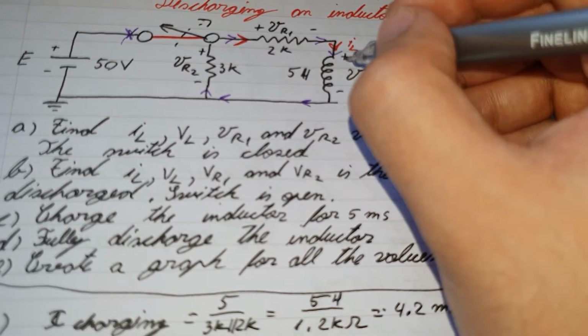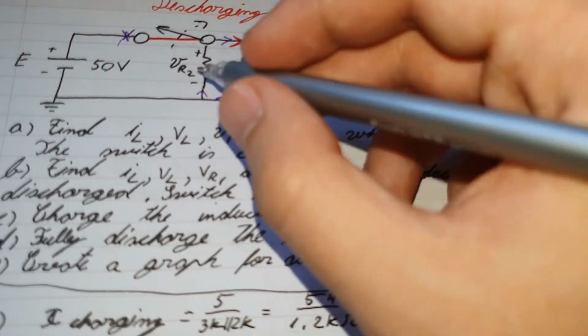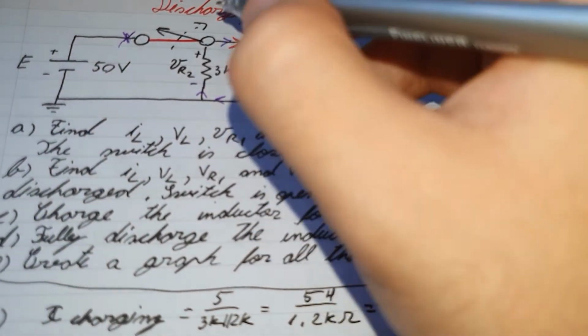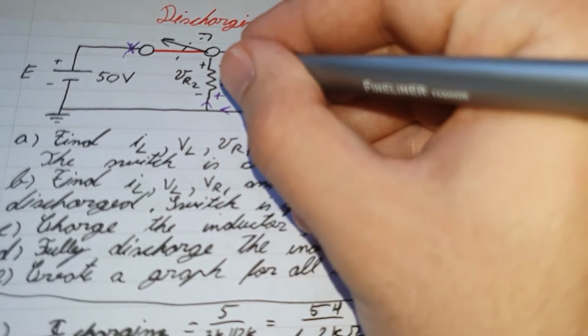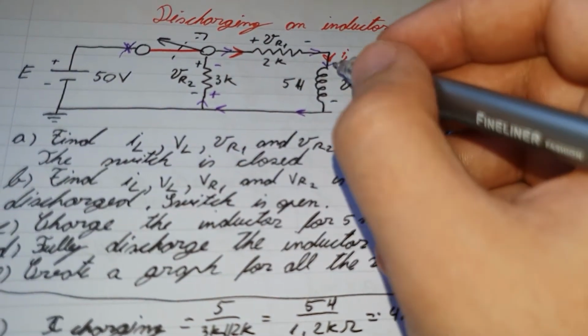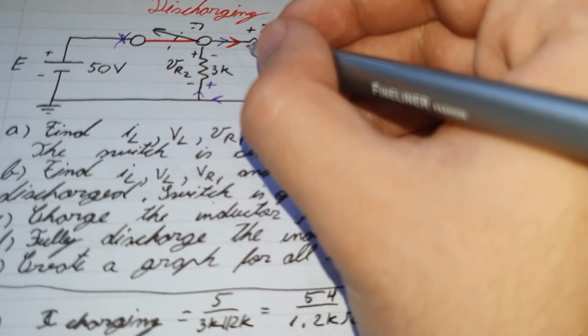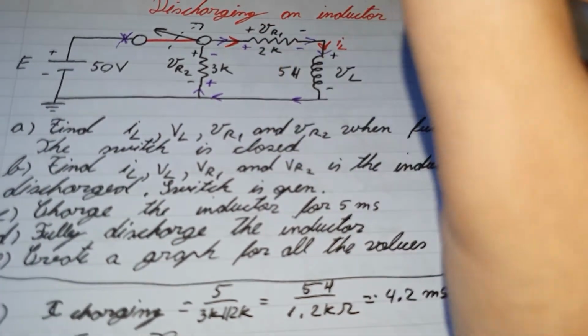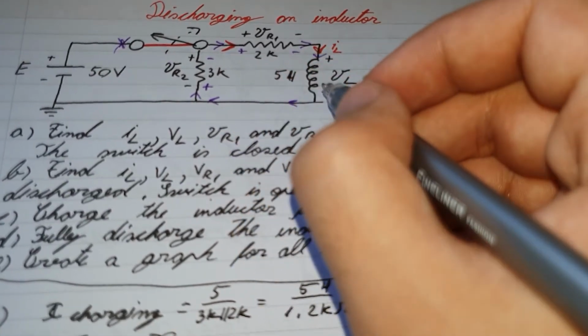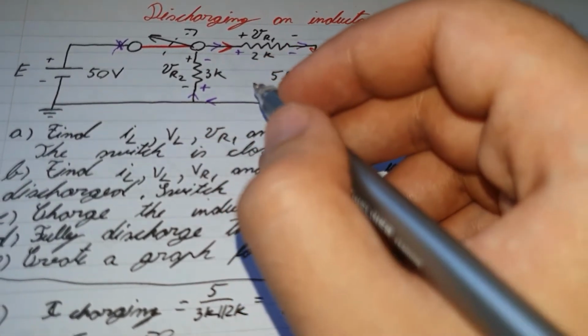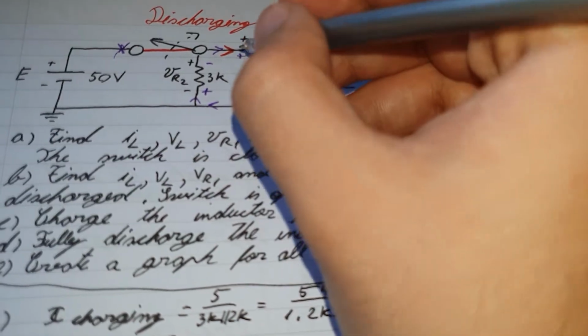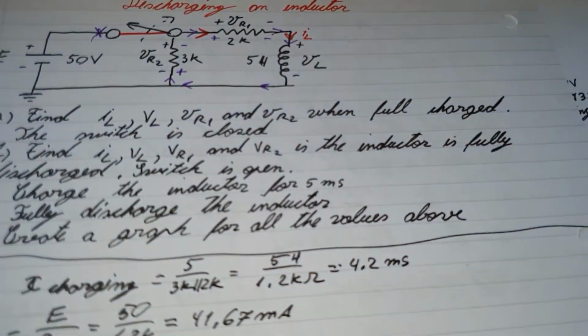Now it will go positive, negative, and there should be a negative here. It becomes a positive and a negative because the voltage will be reduced as it goes through each resistor. And there you go. That's why the polarity is reversed, because it will reverse the polarity of the other components as well.